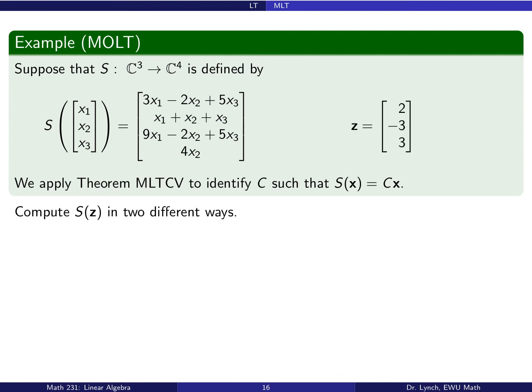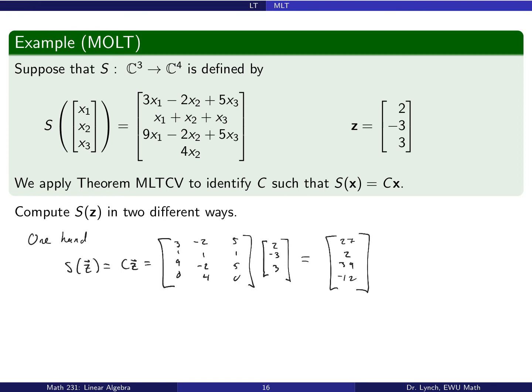This allows us to identify the image of, say, this element Z in two different ways. On one hand, we could find the image of Z by thinking about Z as just (2, -3, 3) in C3. If you work out the matrix multiplication, what you get is (27, 2, 39, -12).